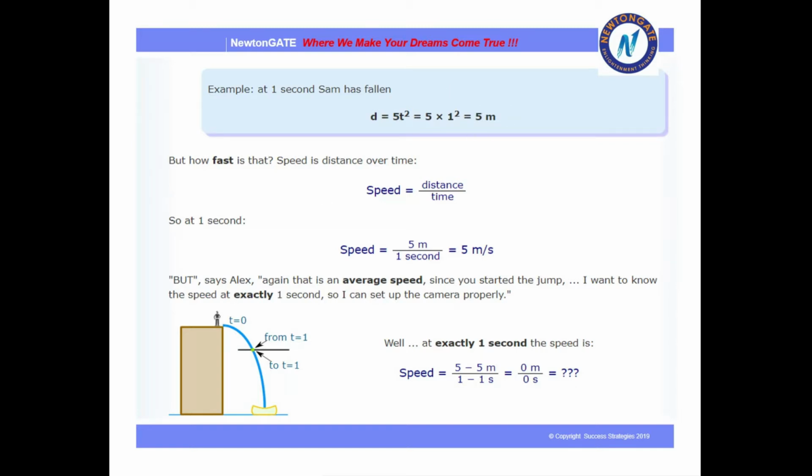So my initial as well as my final distance is the same, and the same is the case for time. So it is 0 divided by 0, which we don't know, it's an indeterminate value. Now the speed is not a value which is attainable. What exactly happened here, and how can we solve this problem? This is where our differential calculus comes to help. Let us see how.